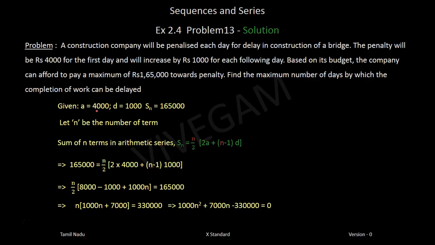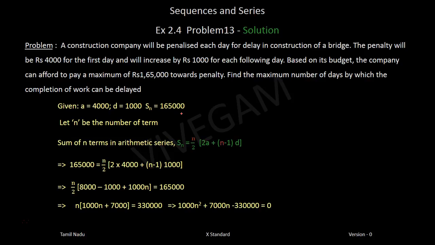So given A equal to 4,000, D equal to 1,000, and the total, because the series is 4,000, 5,000, 6,000, 7,000, 8,000, n terms are there, and sum of all that penalty must be maximum, it can be 1,65,000. That's what they mean when they say this. Let me repeat. The first day fine is 4,000, second day is 5,000, third day is 6,000, fourth day is 7,000, it goes on.